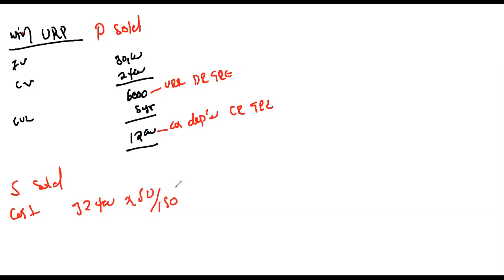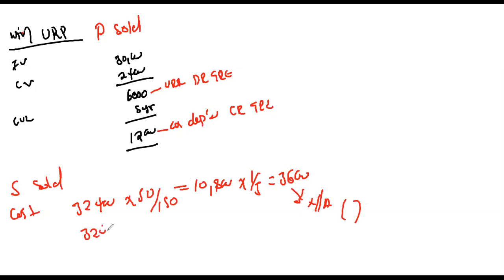When you multiply by that, you have 10,800. When you multiply by the 1/3 in inventories, that gives you 3,600. That's the figure that goes to the net assets at acquisition. You're going to reduce the net assets by this figure. To make it easier, I could have simply done 32,400 multiplied by 50 over 150, that markup, multiplied by 1/3, which is equal to 3,600.